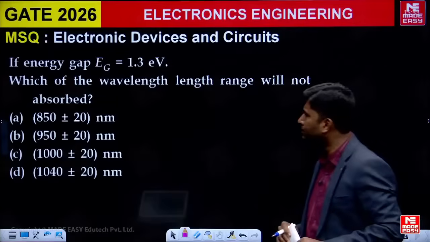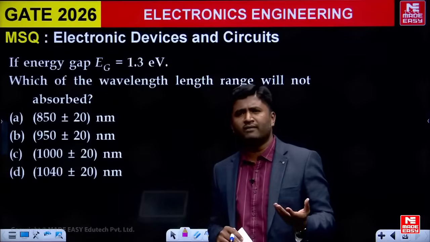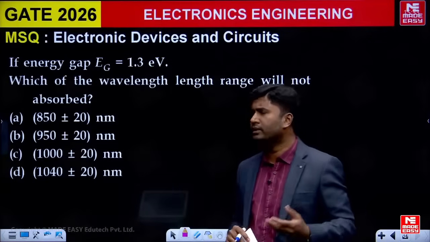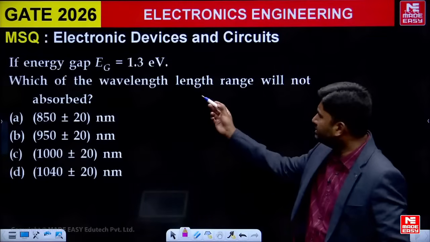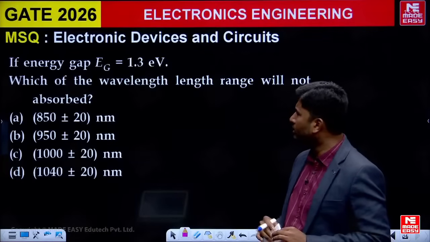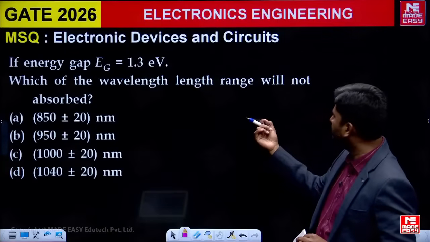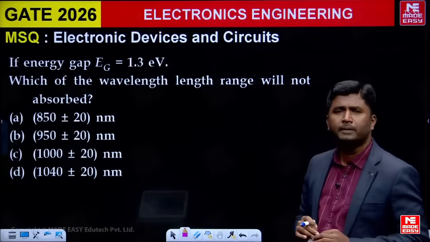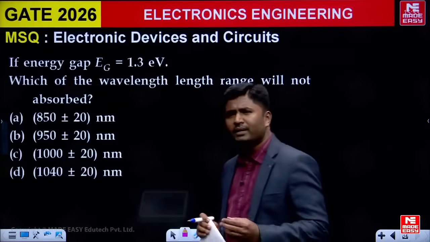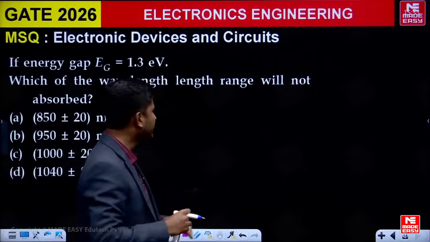It is related to photo devices or optoelectronics. A semiconductor has energy gap 1.3 electron volt. Then which of the following wavelength ranges will not be absorbed? For this we have to use a simple formula.